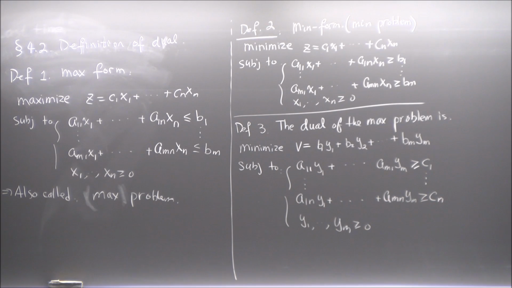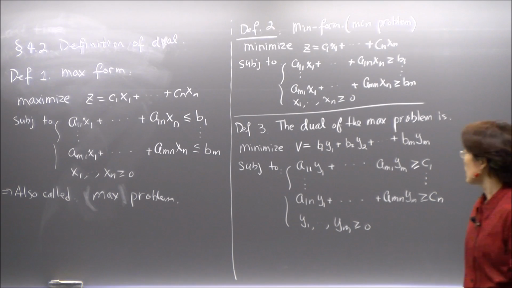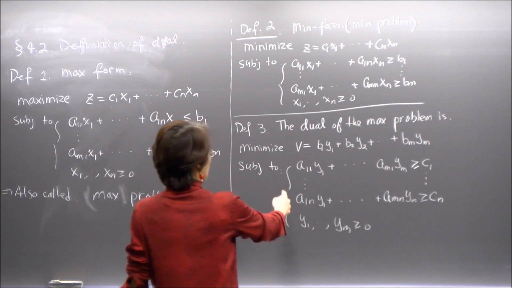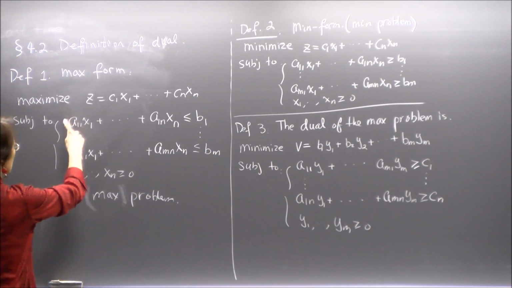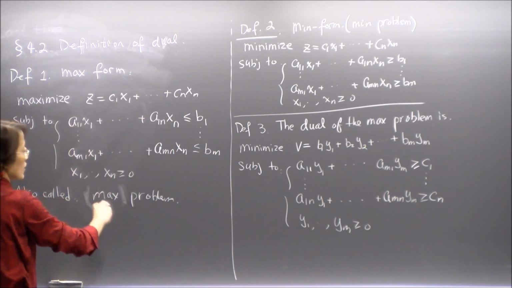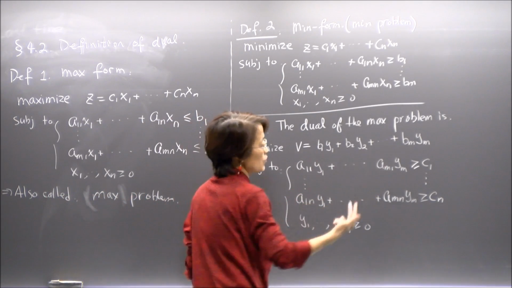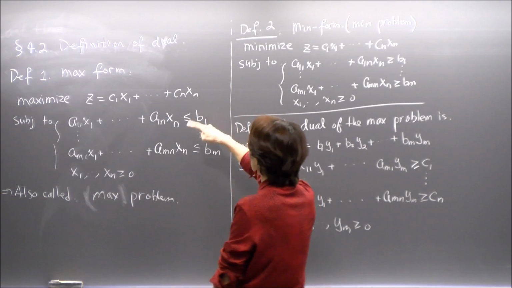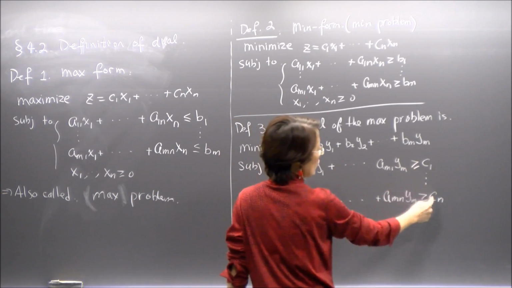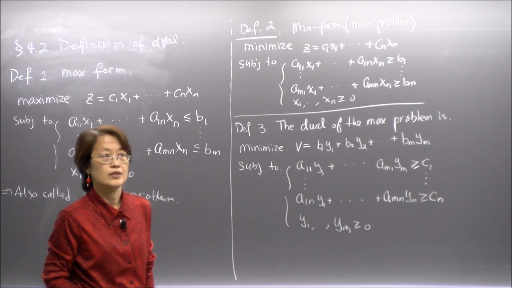Is it clear how a dual is formed once you have a max form? So let's see what we do. The center part of the constraint is formed by transposing this matrix and then changing all the x into y, right? And the inequality less than or equal is changed into bigger than or equal.